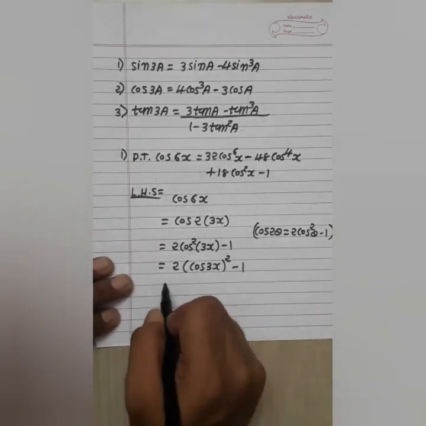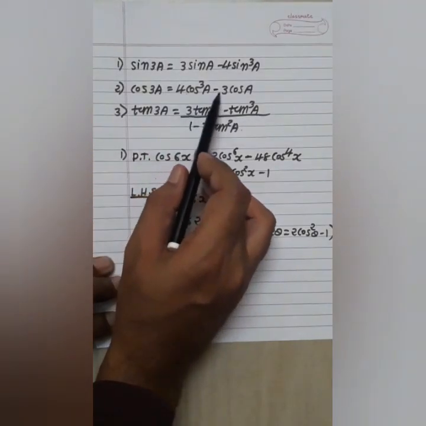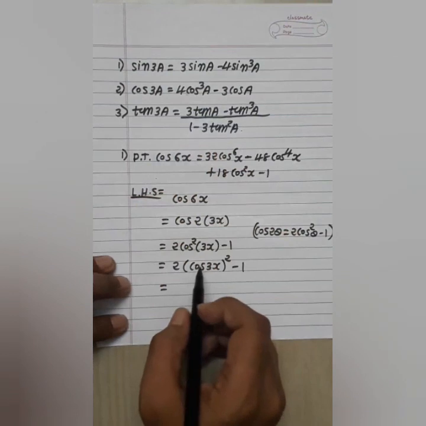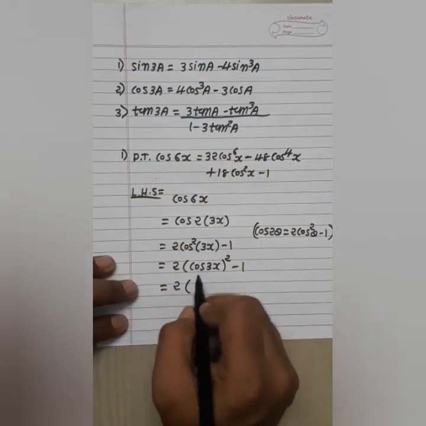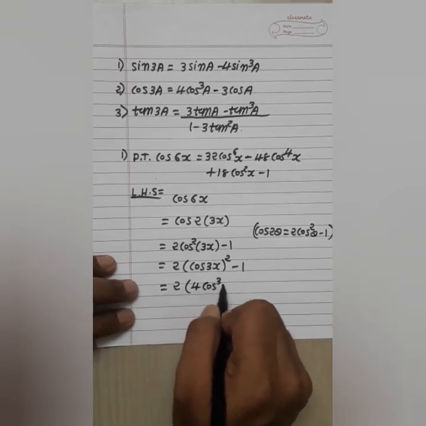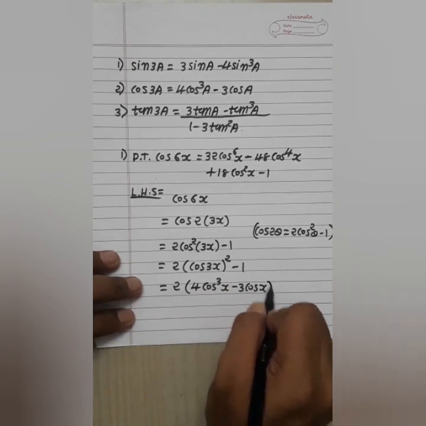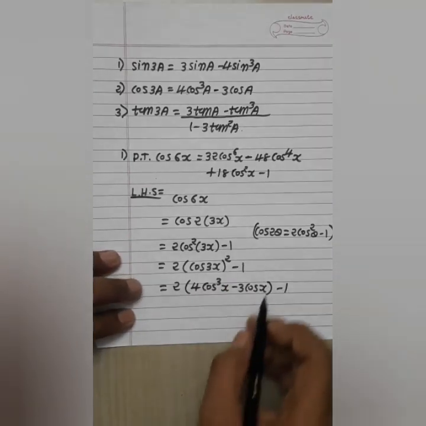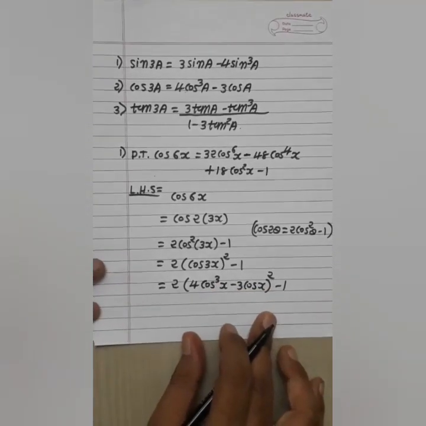Now apply the identity cos 3A, that means 4 cos cube A minus 3 cos A. So 2 into bracket 4 cos cube x minus 3 cos x, bracket over, minus 1, and here the whole square is present, so write whole square.